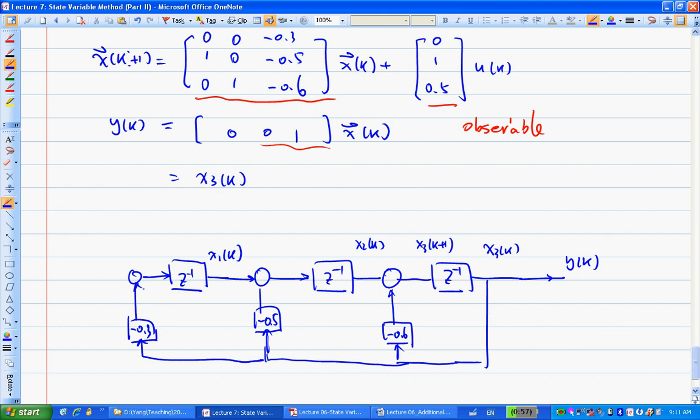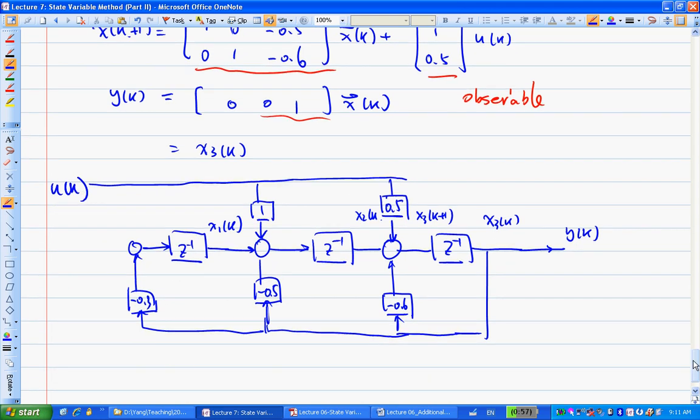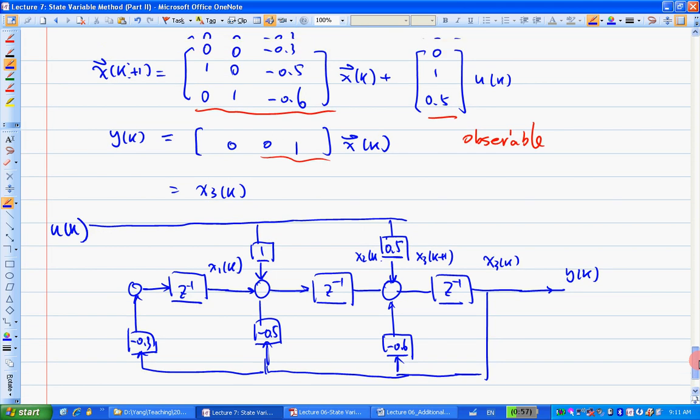That's the bottom here. This is U of k. So this is the simulation diagram for the observable canonical form.